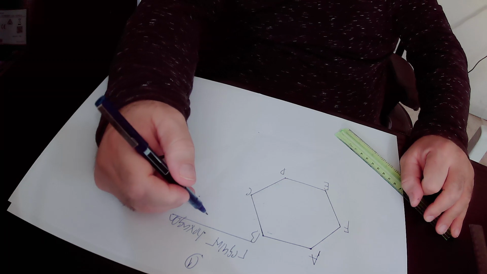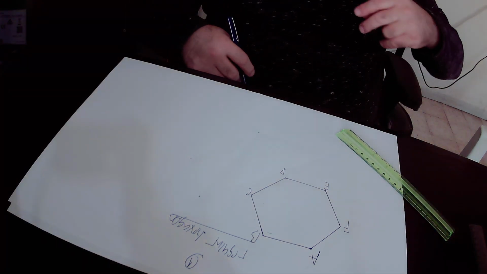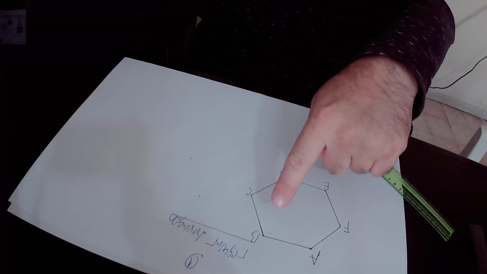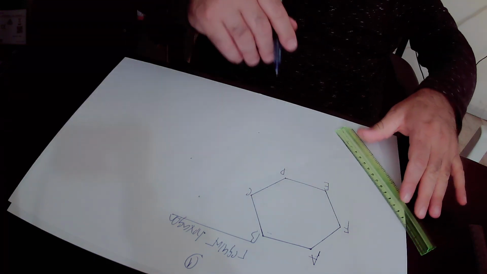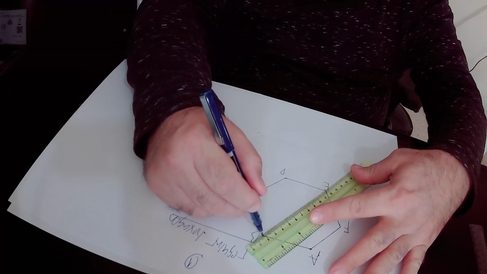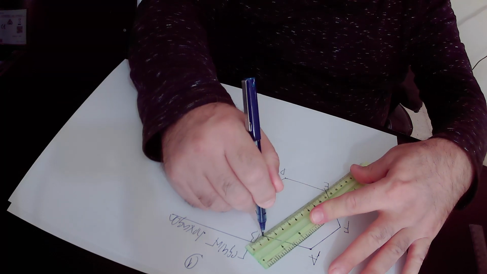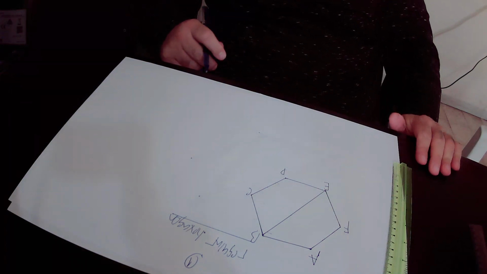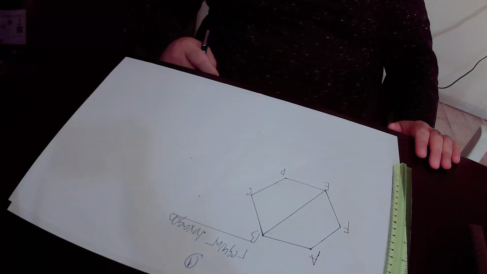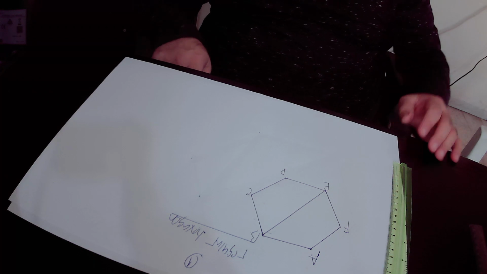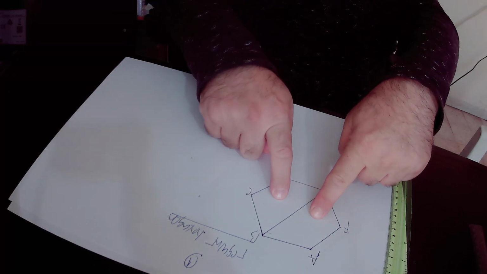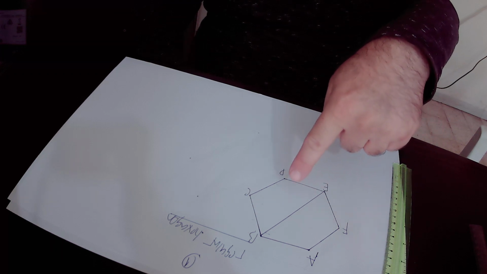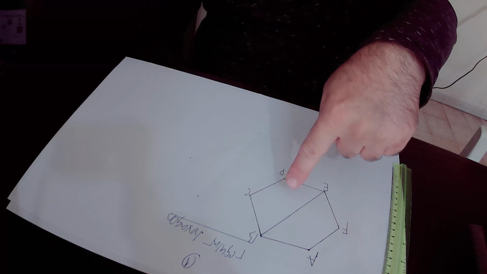In order to find the sum of the interior angles in this regular hexagon, we will join points B and E together by a straight line. By joining points B and E, we created 2 quadrilaterals: quadrilateral ABFE and quadrilateral BCDE.